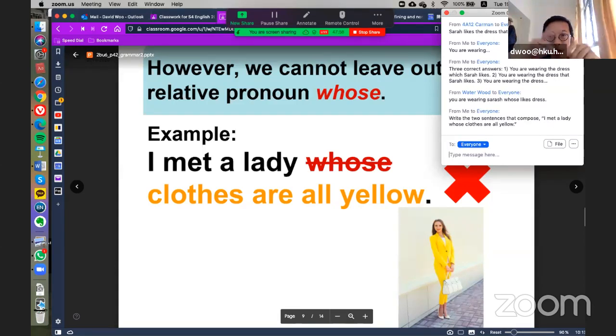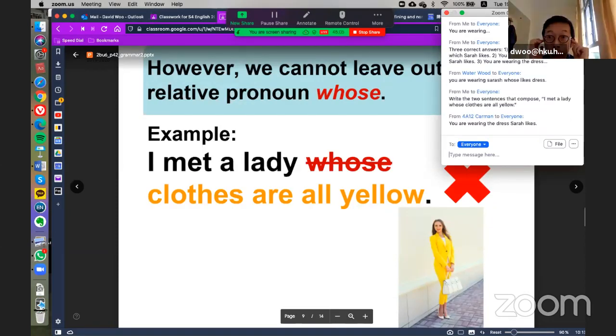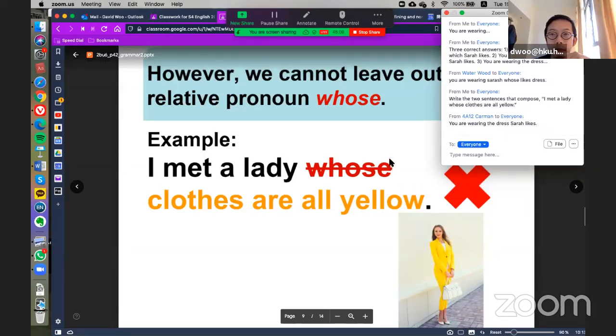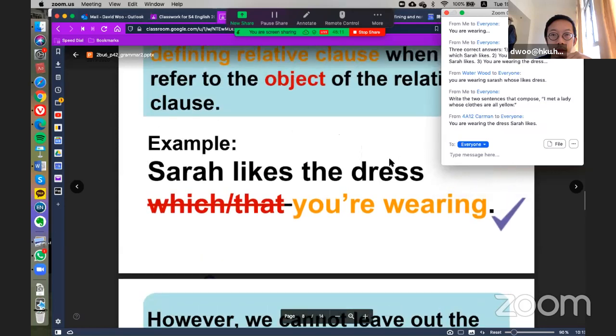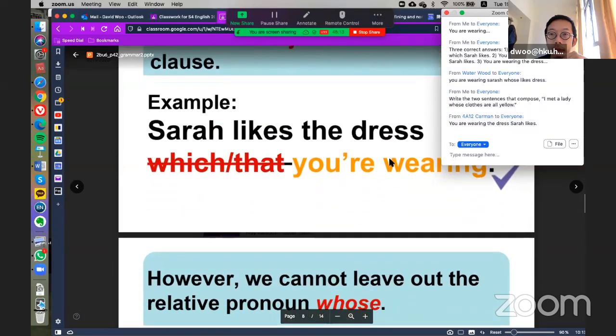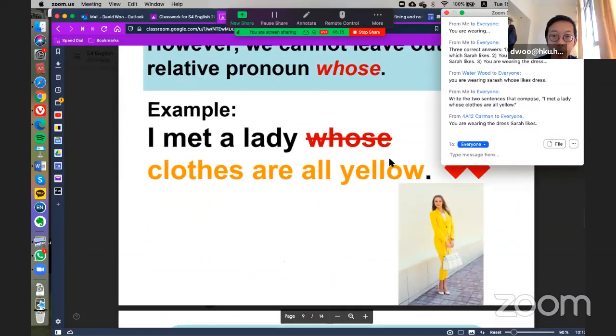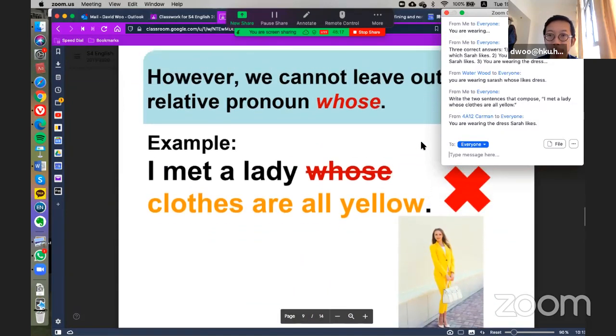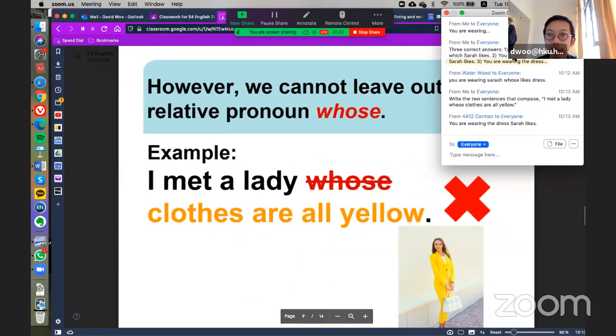Can you write the two sentences, please? Okay, Carmen, nice job. You did it. Found it. Great, Carmen. Excellent.